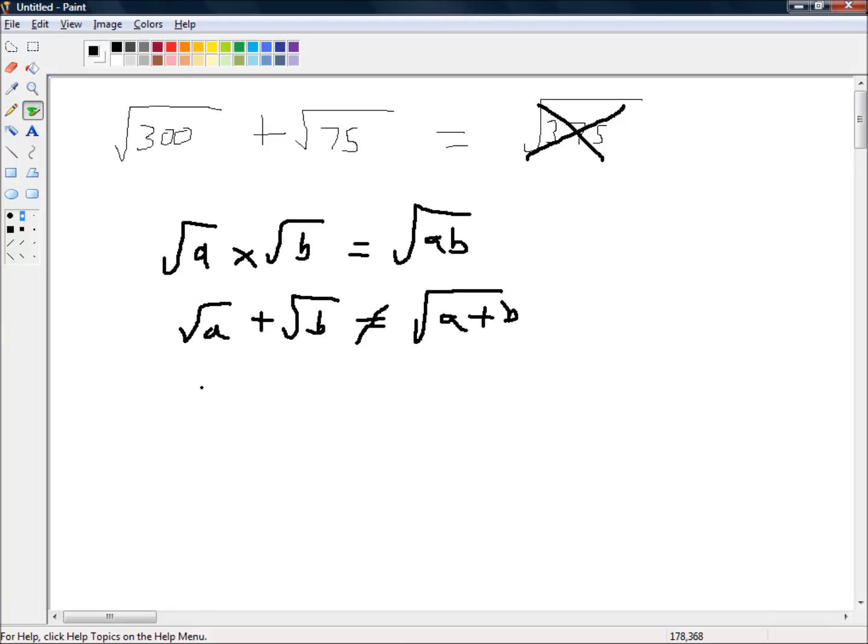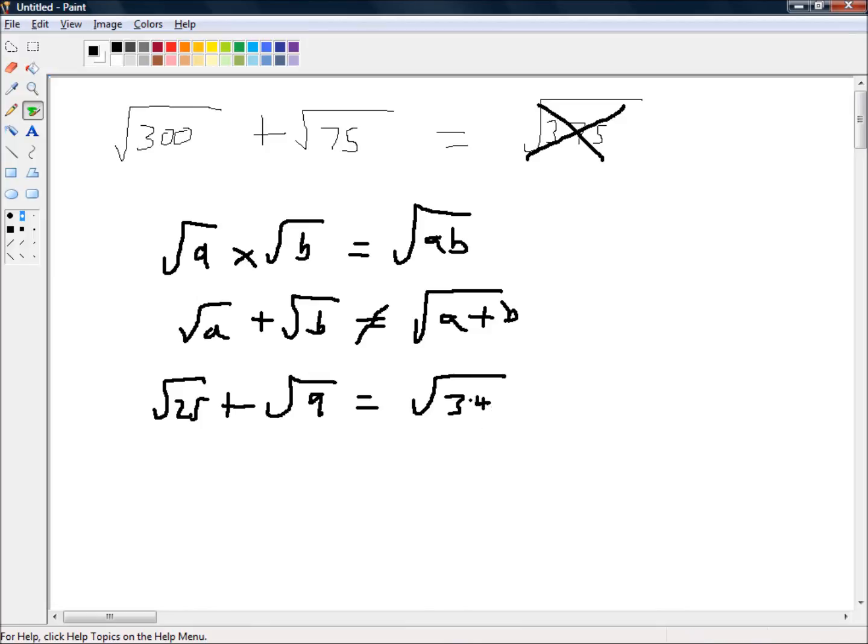Let's say the square root of 25 plus the square root of 9. We think that that should be equal to what? The square root of 25 plus 9. Well, 25 plus 9 is 34.